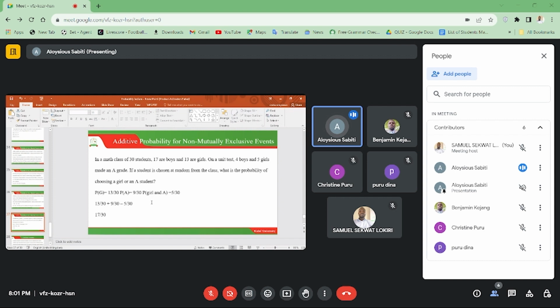Then the probability of a student who has an A would be 9, from 4 and 5, out of the total number of students, which is 30.